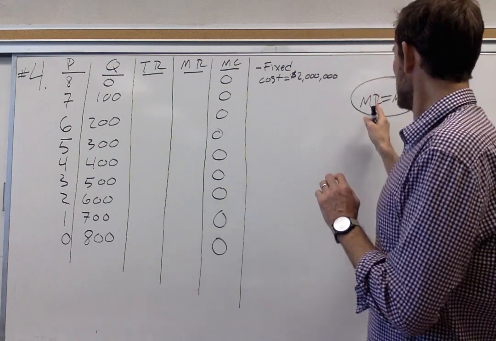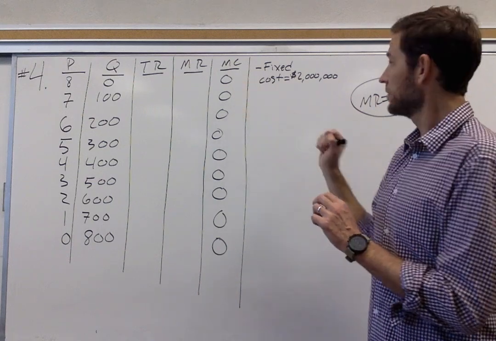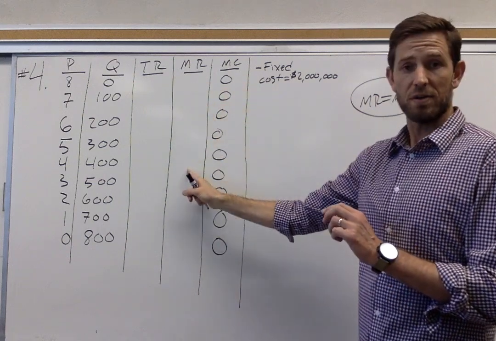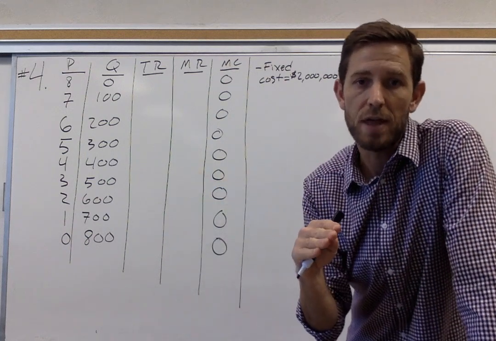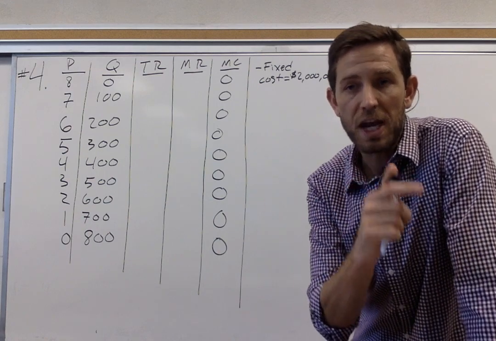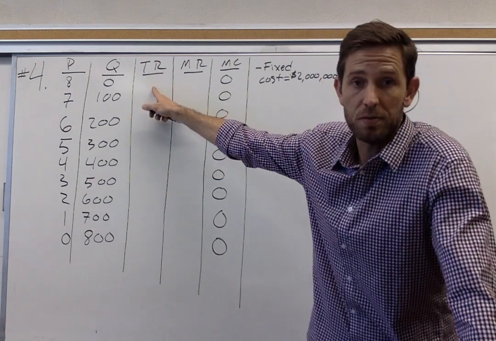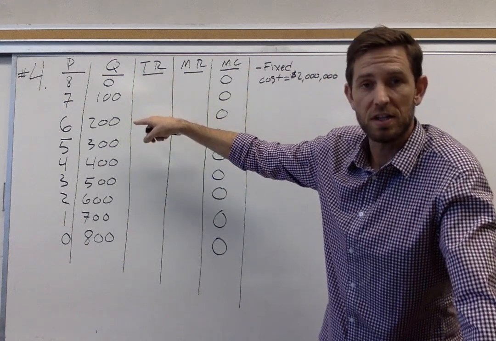So marginal cost we've already got, that's 0 throughout. We've got to figure out what the marginal revenue is. Keep in mind, marginal revenue is the extra revenue that a firm gets when selling one more unit, the change in their total revenue associated with a 1 unit increase in the quantity.